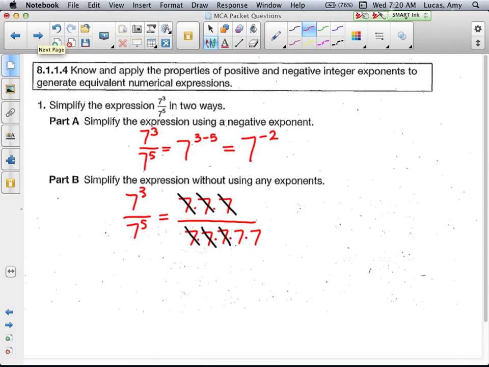Now my entire numerator is gone, so what I need to do is put a 1 in to hold its place, because remember, if 7 divided by 7 is 1, I could make all of these 1s when I simplify. And then in the denominator, 7 times 7 is 7 to the 2nd power, or 49. So 1/49 would be our equivalent expression without any exponents at all.